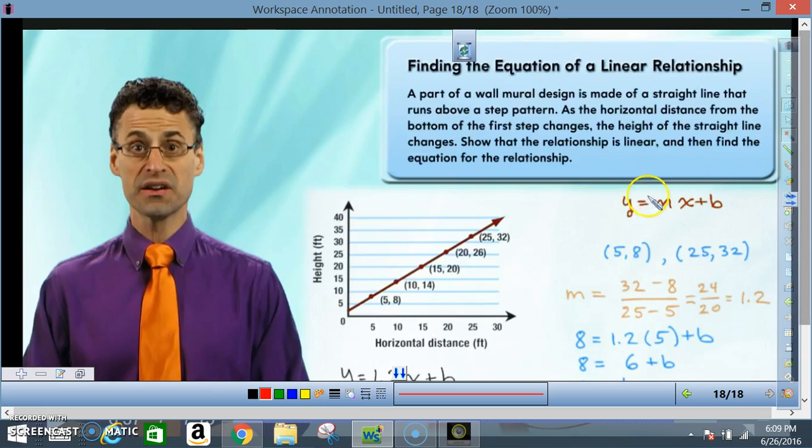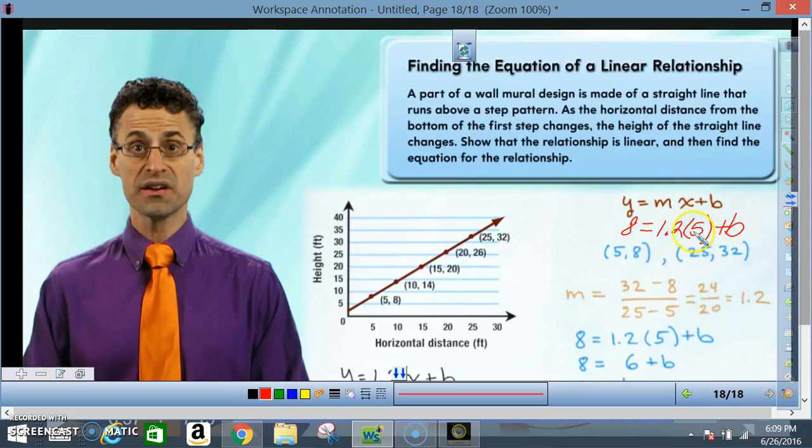So here, I got y equals mx plus b. My y value is going to be 8. My slope I found was 1.2, so I put down 1.2. My x value is 5. Then I say plus b.